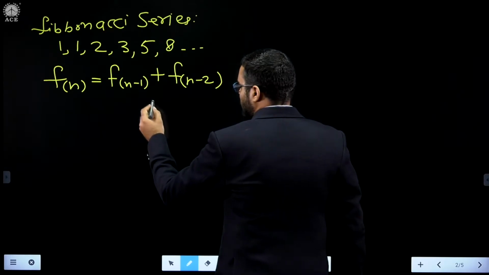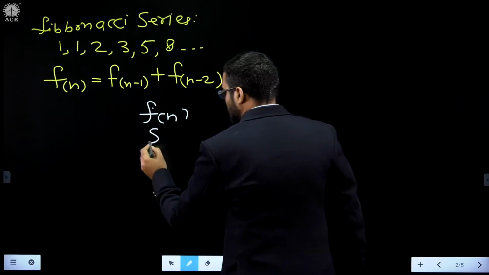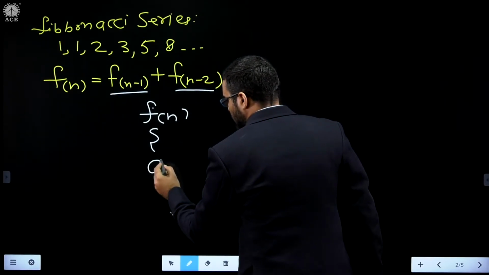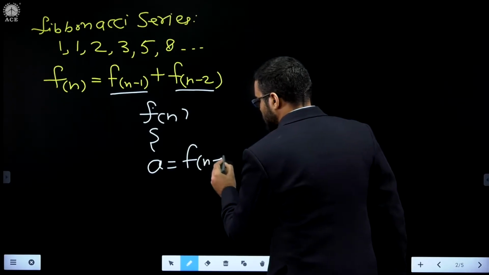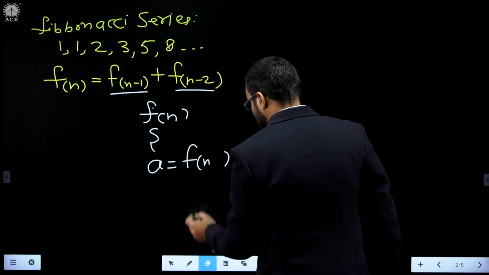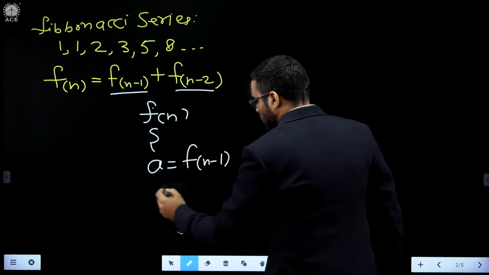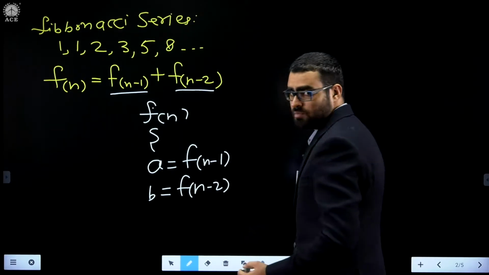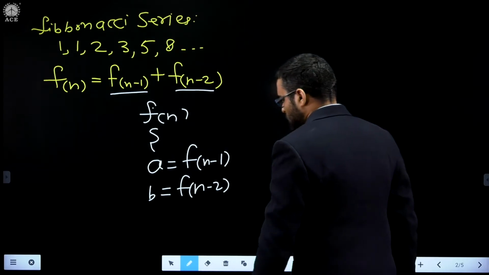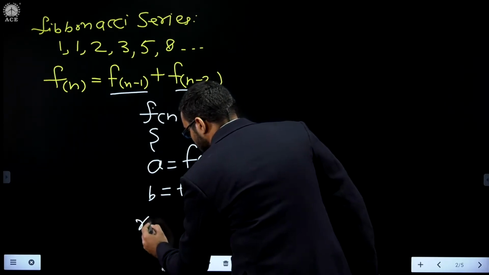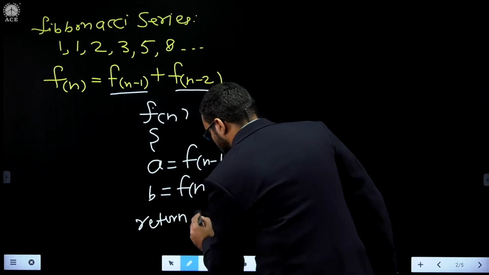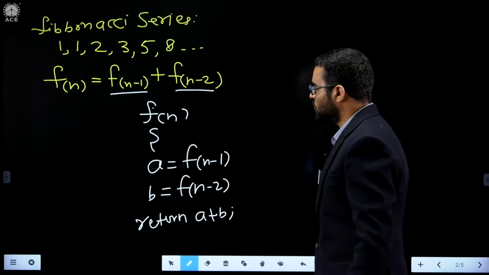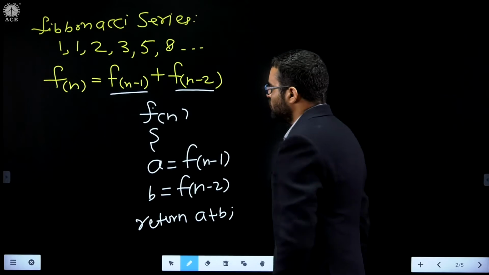If I want to compute Fn, then I will compute Fn minus 1 and save that value in variable A. I will compute Fn minus 2 and store the value of Fn minus 2 in variable B. And finally, I will return A plus B. So this is our program for computing the value of Fn.